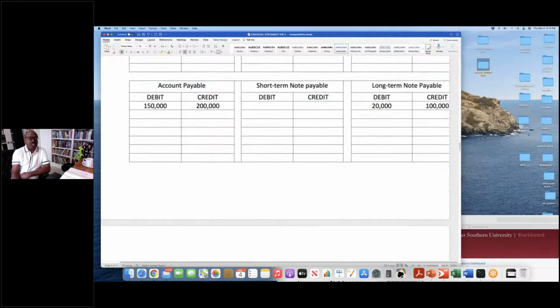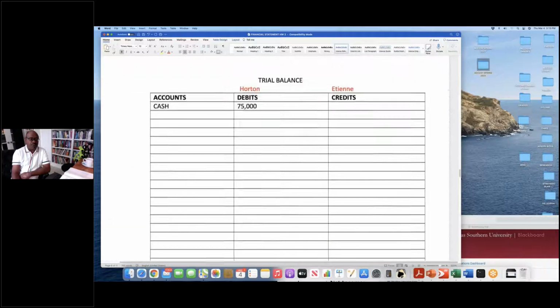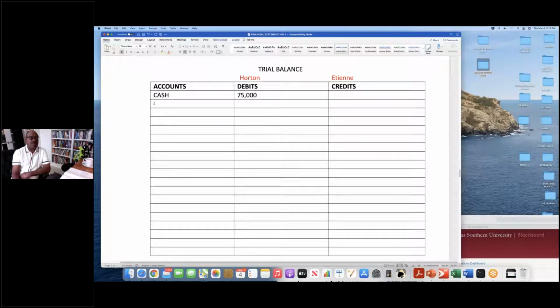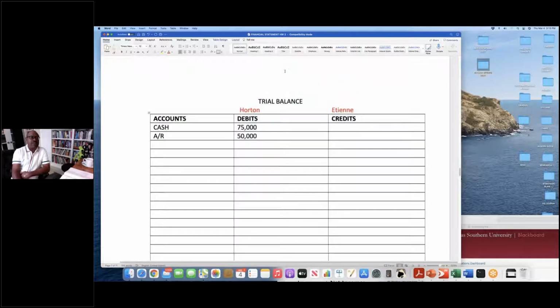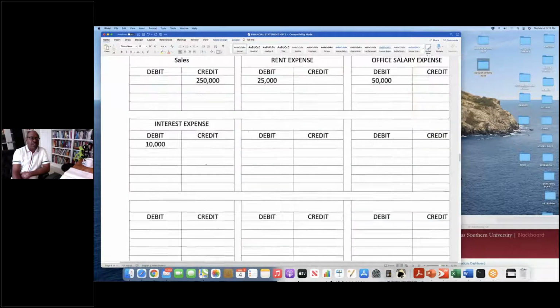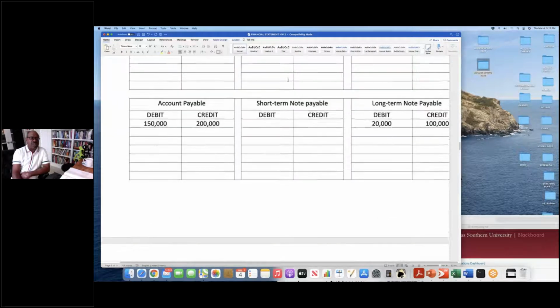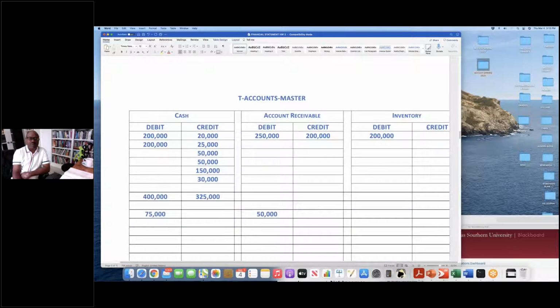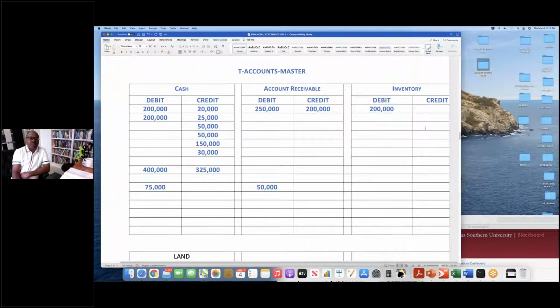So you see where your mistakes are? Yeah, in two of my journal entries, instead of doing accounts payable, I did accounts receivable. I see where I went wrong. That's 50,000. So you should have all the other ones correct, right? Yeah, hopefully.